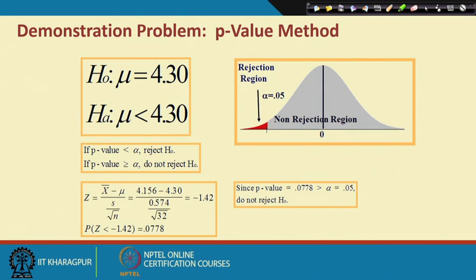If not, it will be in the acceptance zone, and in that case you are not in a position to reject the null hypothesis. This is the first approach. In the first approach it is the test statistic that we compare with the critical value, and then you take a decision.